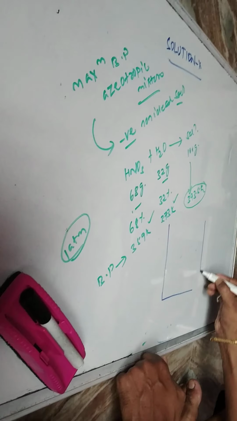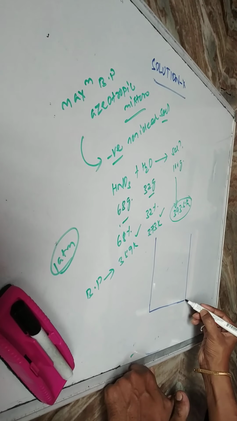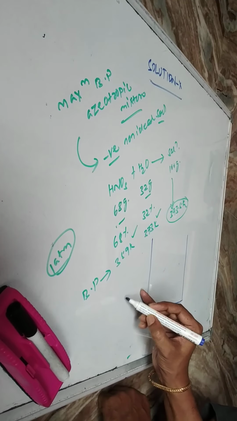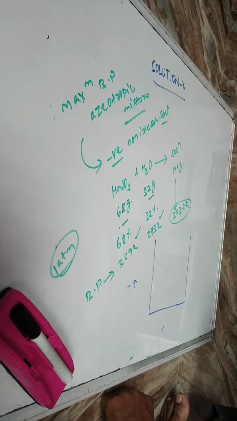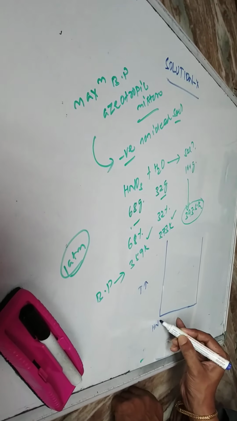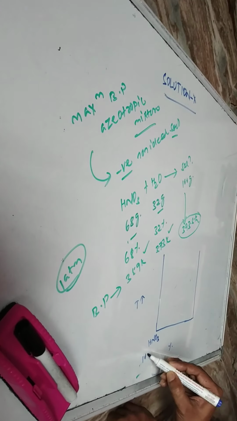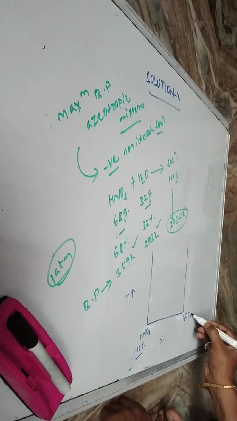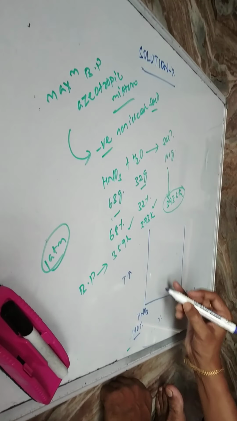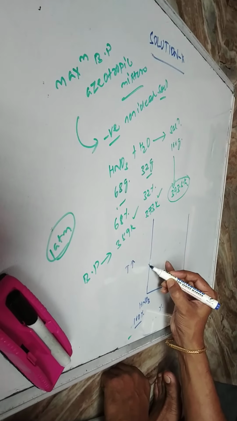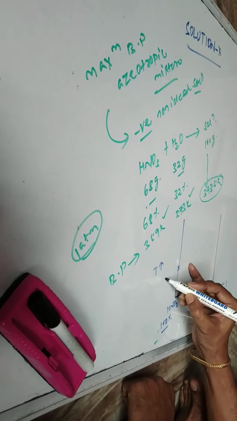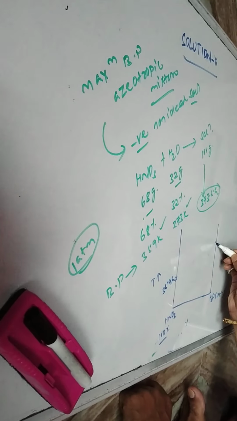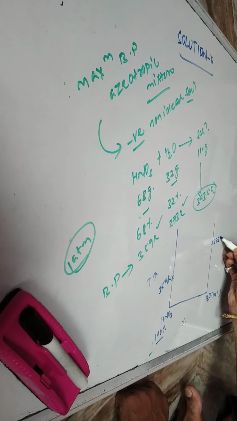Here I write the percentage axis and this is the temperature axis. Here I write HNO3, concentrated, 100% pure, and here water, 100% pure. The boiling point of nitric acid is 359 Kelvin, and the boiling point of water is 373 Kelvin.